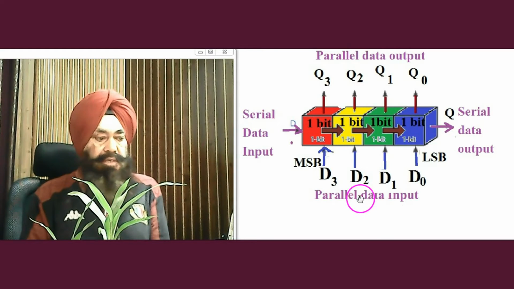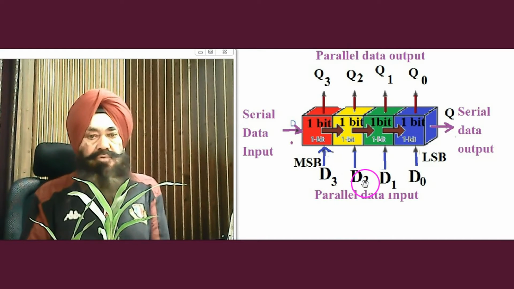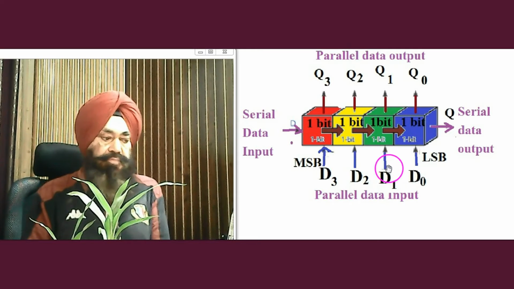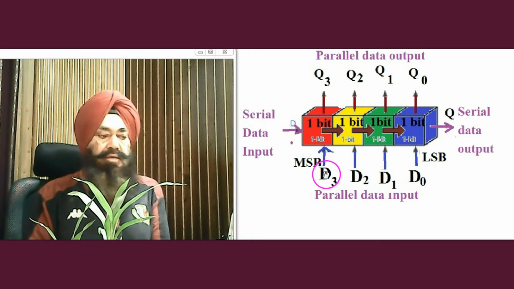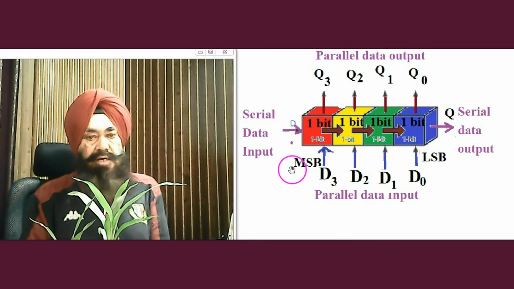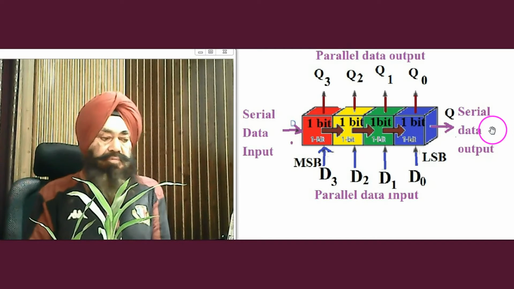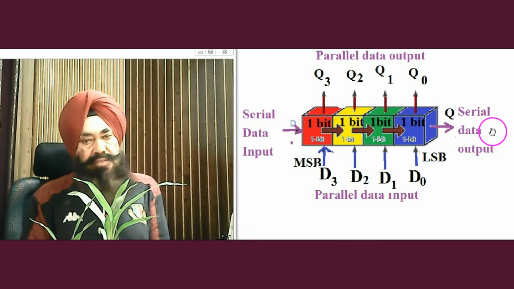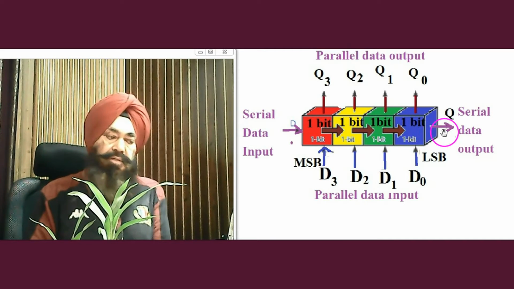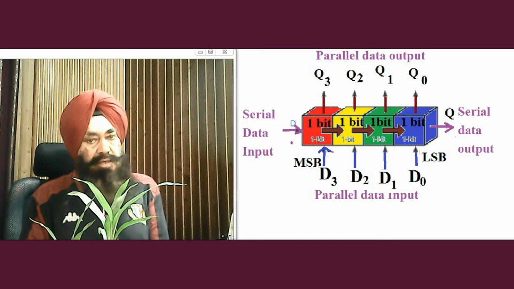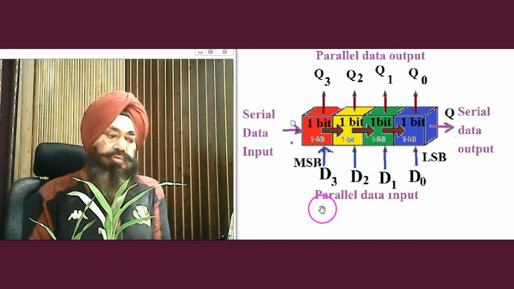The parallel data is loaded into the register simultaneously and is shifted out of the register serially, 1 bit at a time, under the control of clock. The last one is parallel in and parallel out.